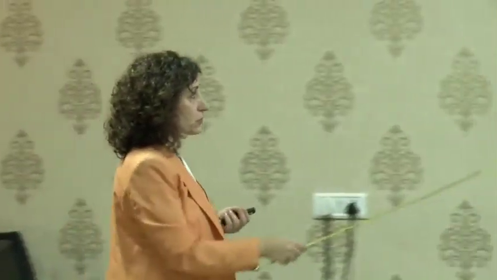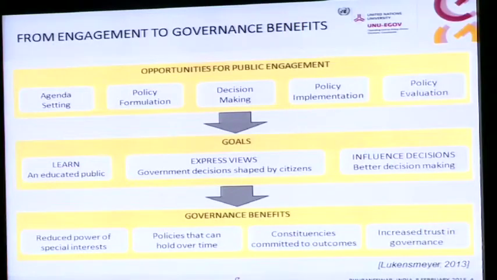Finally, the governance benefits that we see during this process is that we can reduce the power of special interest. You know that governments many times are influenced by lobbyist groups, that they are very powerful and they can make influence in the decision making. So if we allow citizens to raise their voice, we can somehow reduce this type of not desired behaviors in the society.